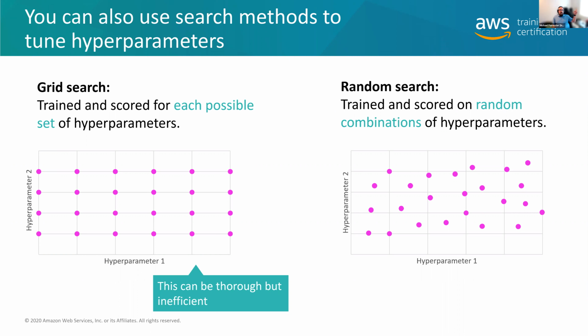It's not modifying based on previous results. It's just trying a bunch of things at random. Grid is similar, the only problem with grid being that the scale at which you're going to do it is way larger than with random search. In other words, you're going to need a lot more model instances to find your optimal model than you would with random search.